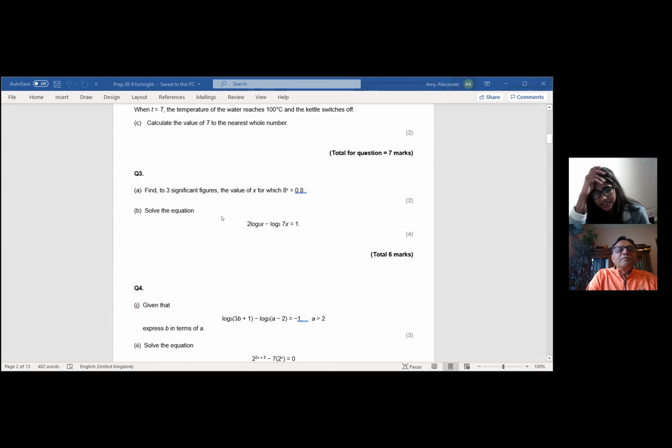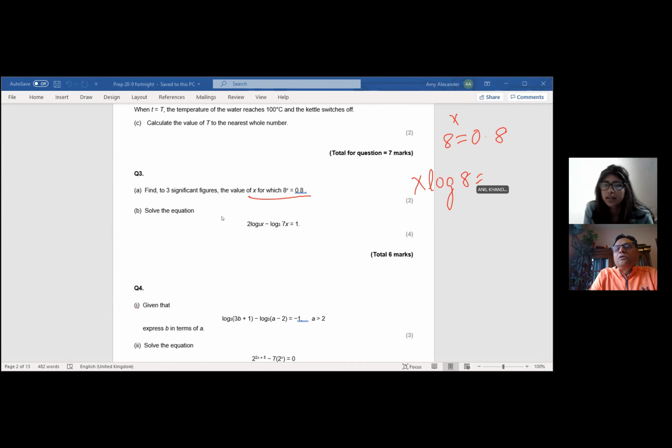Let's do question 3. Doesn't look that bad. Find, to 3 significant figures, the value of x for which 8 to the power of x is 0.8. So just take logs on both sides. x log 8 equals log of 0.8. So x equals log of 0.8 divided by log 8, correct?